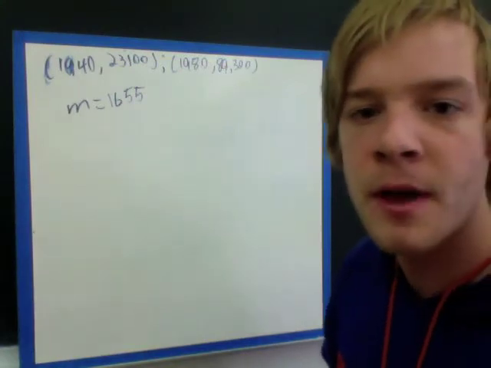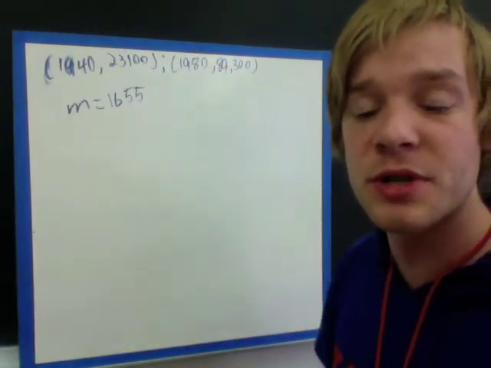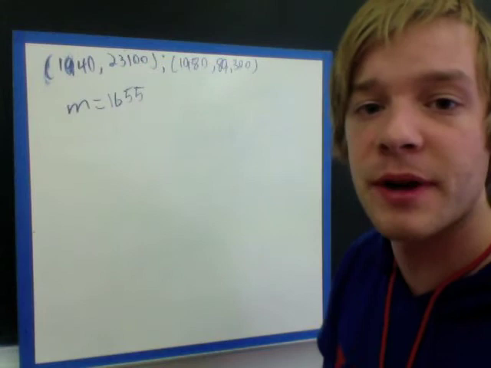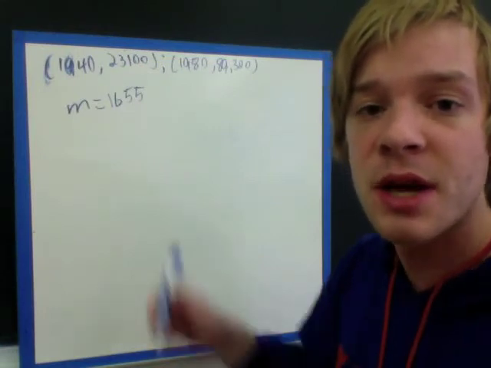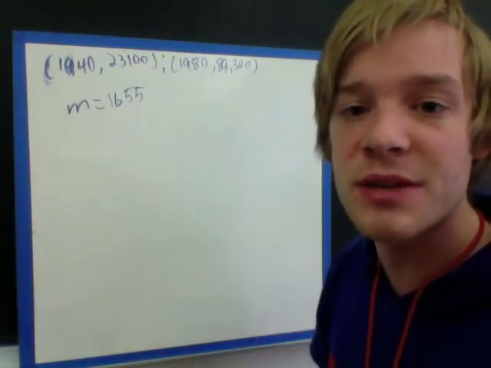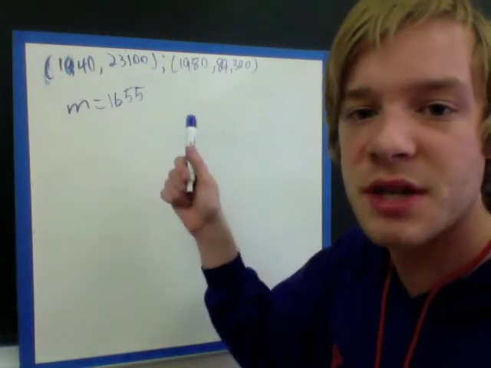Like so. Now, I want to plug into slope-intercept form so I can find my b, my y-intercept. I can use either of these 2 points. Either one will work. I'm going to choose to use the second point.